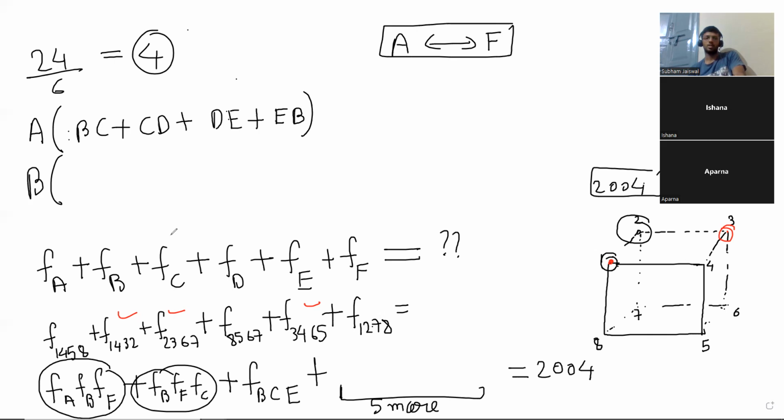That is the question. Can you say? B is not opposite to C, B is not opposite to E, B is not opposite to A. And B cannot be opposite to F as well, because A is opposite to F, so F is opposite to A. So B has to be opposite to D, so D will not come in that.